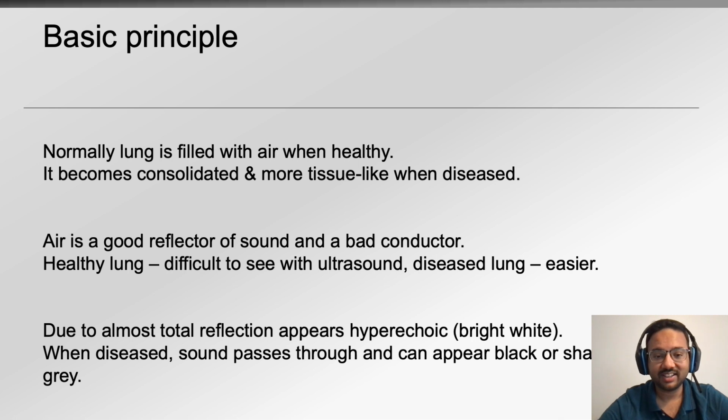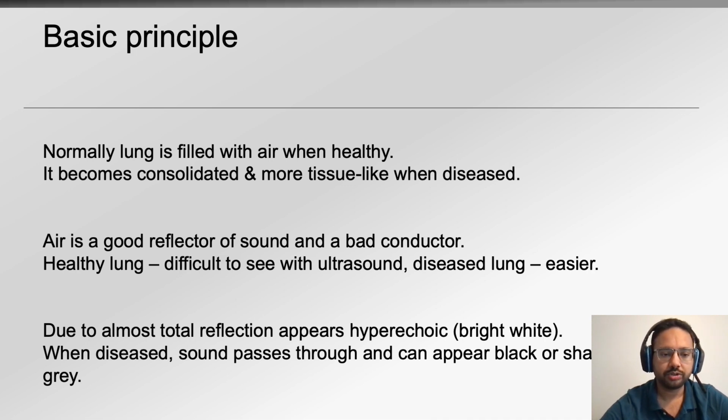But this is where it gets really interesting, because as the lung becomes diseased, it becomes consolidated and tissue-like. It's easier for the ultrasound to transmit through that diseased tissue and create these artifacts which we interpret to diagnose different pathology.